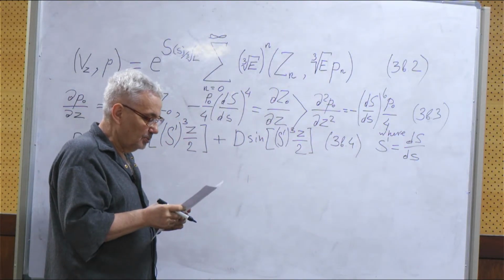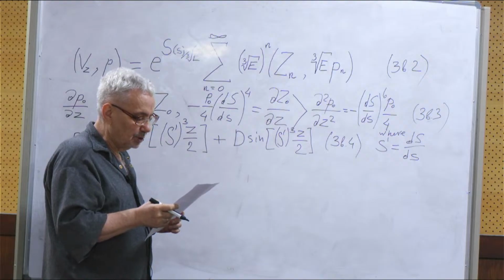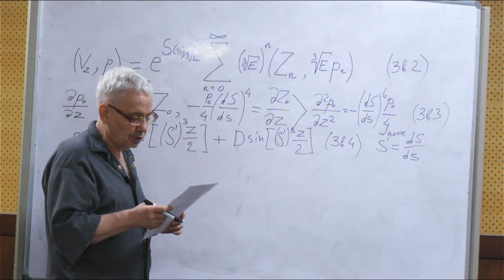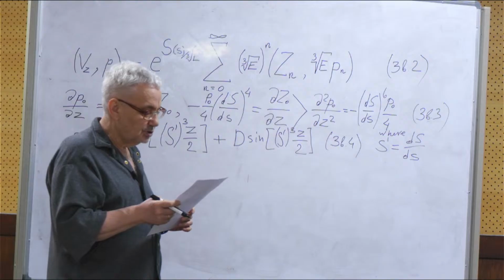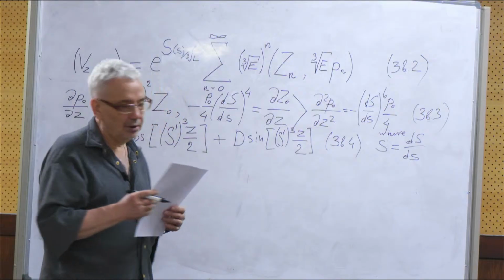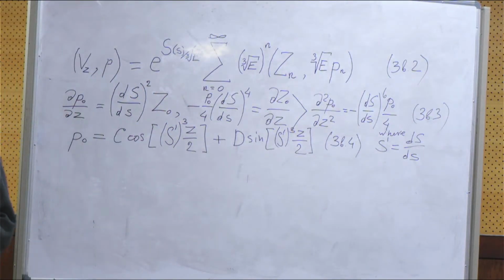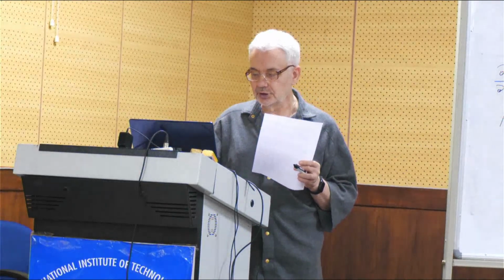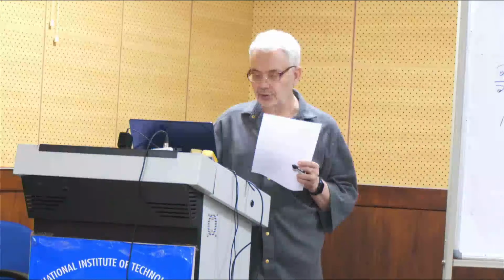Now here the prime denotes the derivative with respect to S, and C and B are constants that must be determined from the boundary condition on the rigid spheres. In this case, we can limit ourselves to considering only the upper hemisphere. Let me show you a picture. Here we can restrict ourselves because of the symmetry of the problem.